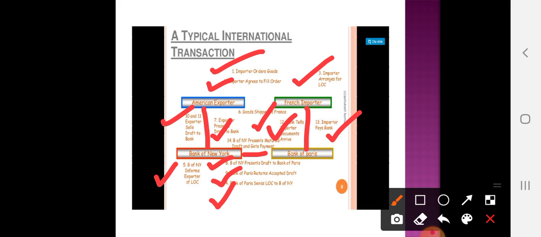The importer first pays the amount to Bank of Paris. The fourteenth step is that Bank of New York presents the matured draft and gets the payment. Bank of New York gives a receipt to Bank of Paris, and Bank of Paris pays on behalf of the French importer to Bank of New York.